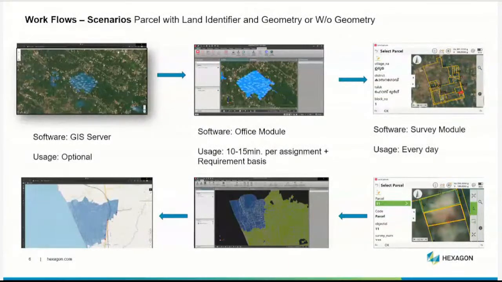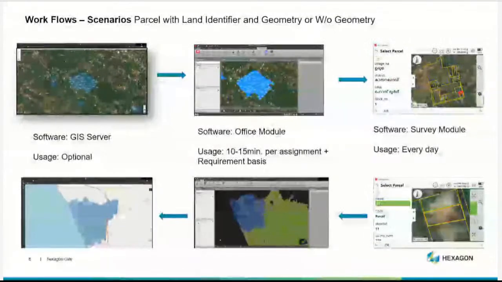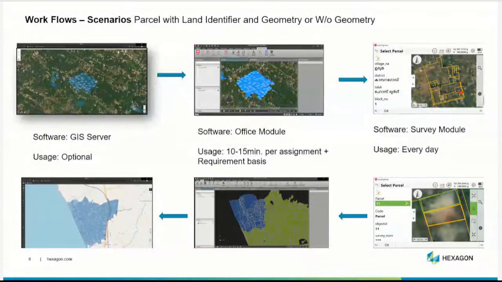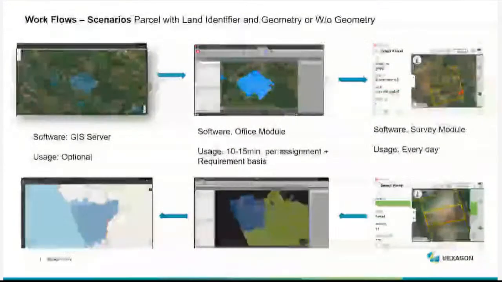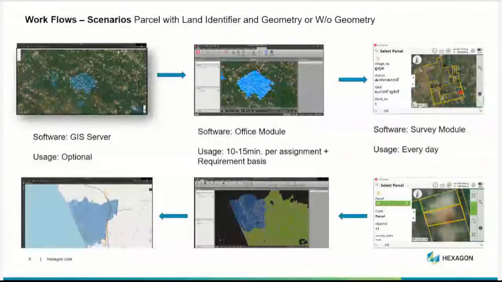You will open Infinity. You will pull the data from the server. Once the data is there, you will be able to see it. And then you will push that, okay, I have to now start to do my capture. Did you notice that this is in a different color?